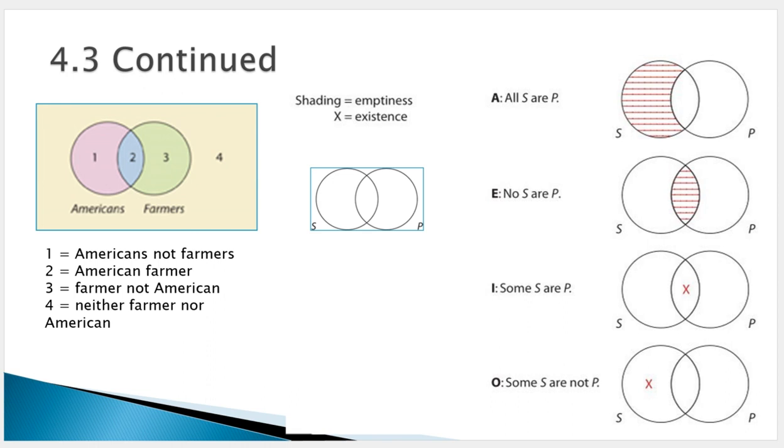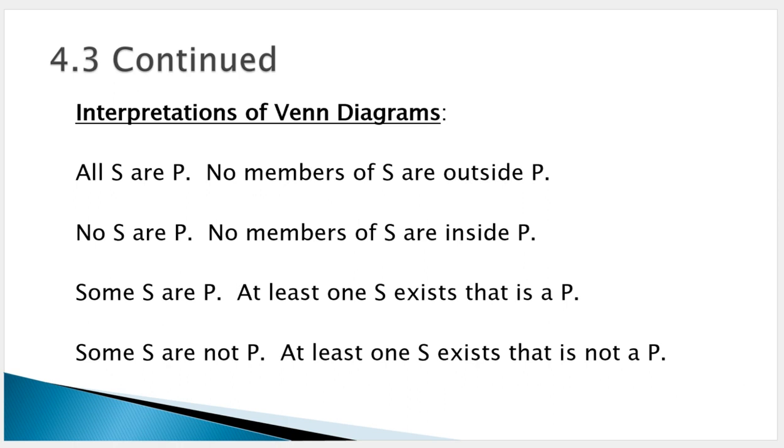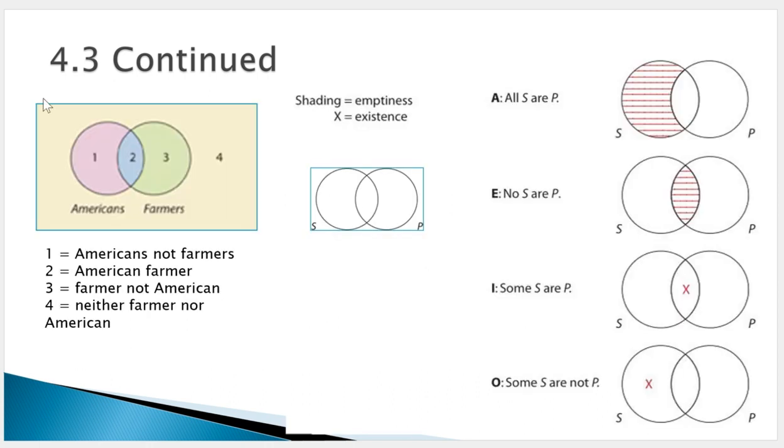Venn diagrams can be really challenging. Personally, I find them challenging. I mess them up quite often because they're very detailed. Every little detail matters. All right, so here's the interpretation of those four diagrams. All S are P means no members of S are outside of P, which is why, if you go back to the Venn diagram, notice anything outside of P is all emptiness, right? The shading represents emptiness.